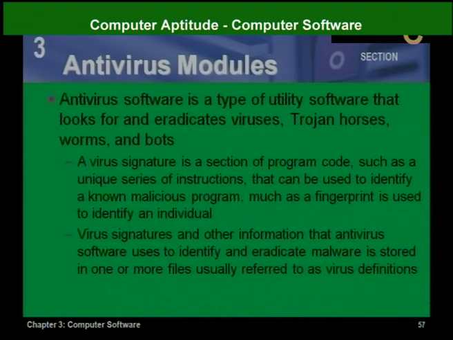Antivirus modules. Antivirus software is a type of utility software that looks for and eradicates viruses, Trojan horses, worms and bots. Antivirus modules are software used to prevent virus attacks. Trojan is one of the viruses.